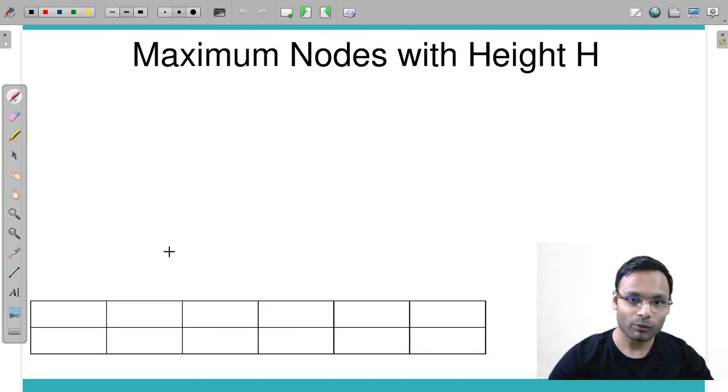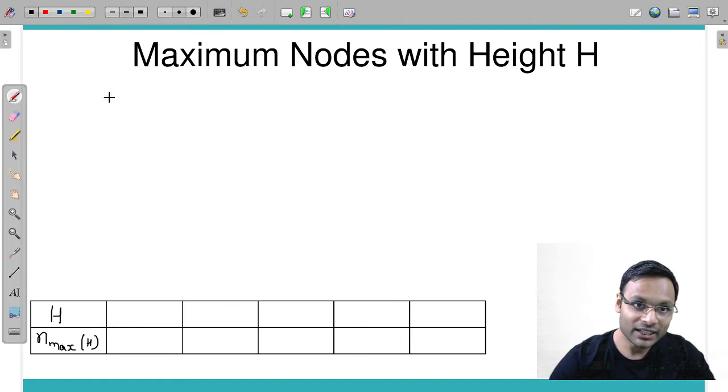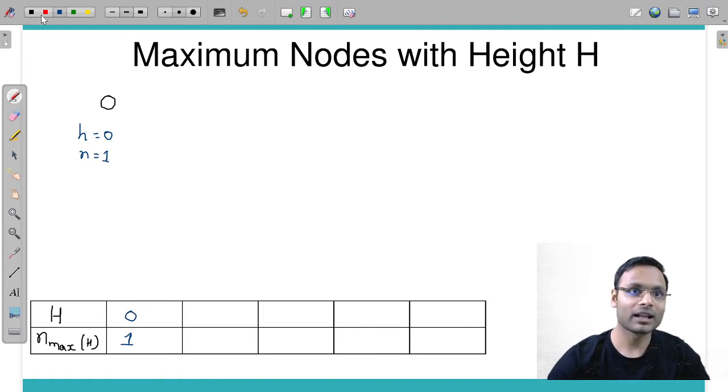With maximum number of nodes, let's have the same kind of example. So this is the height h and I want to calculate n max with height h. Initially, this is the base case: a single node. Single node height is 0, number of nodes equal to 1. Let's go for another example.